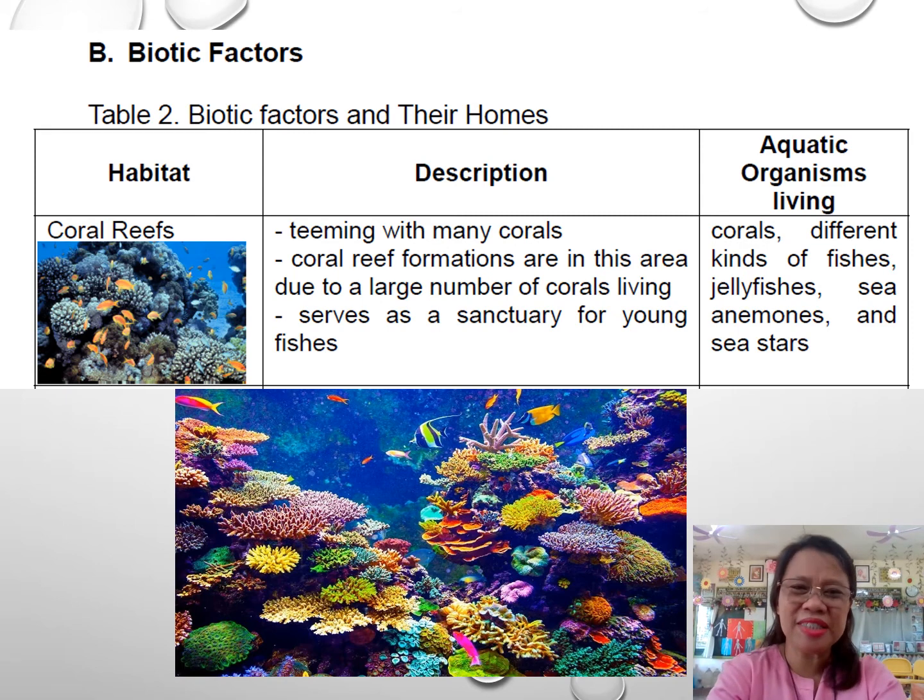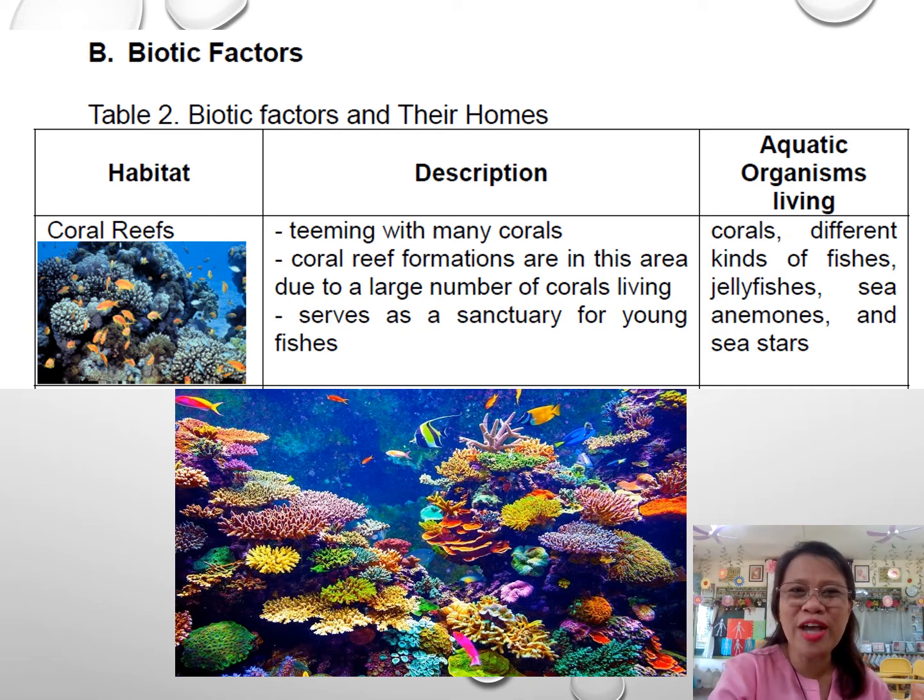So, habitat. Sa mga habitats, we have number 1, coral reefs. How do you describe coral reefs? Okay, teeming with many corals. Of course, being coral reefs, this is a place where there are plenty of corals. Coral reef formations are in this area due to a large number of corals living, and this serves as sanctuary for young fishes.